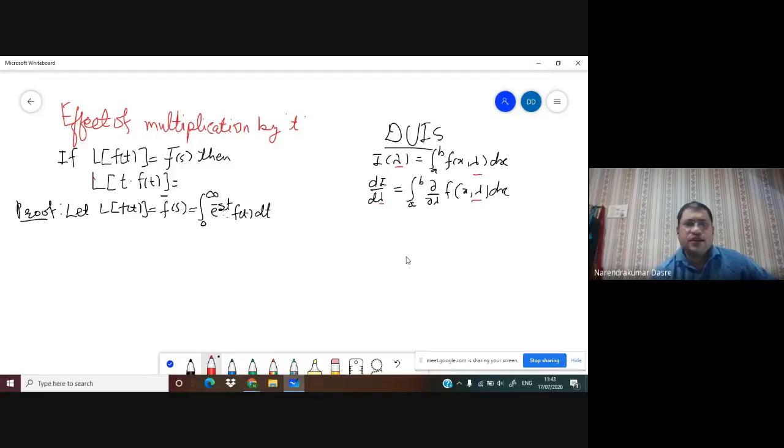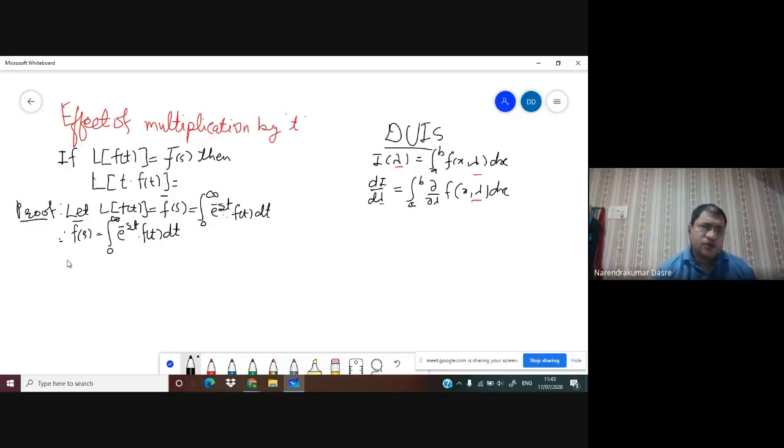So if I have s as a frequency parameter, then I am able to use the differentiation under integral sign with s as a parameter. So let us use differentiation under integral sign. So I have this is f bar of s is equal to integral 0 to infinity e raised to minus st f of t dt.